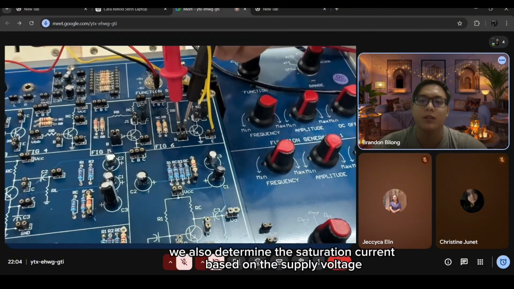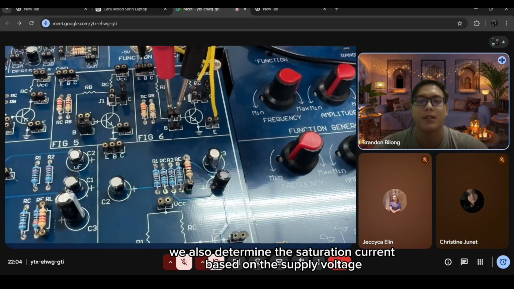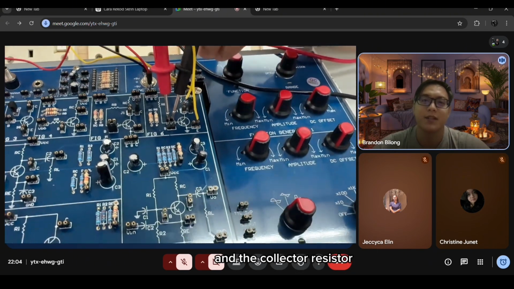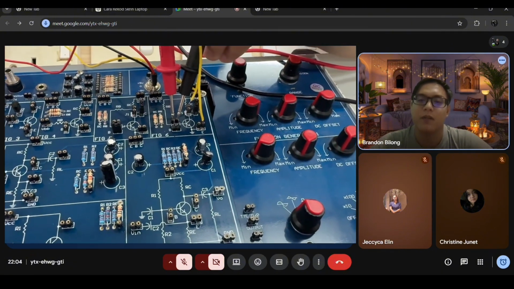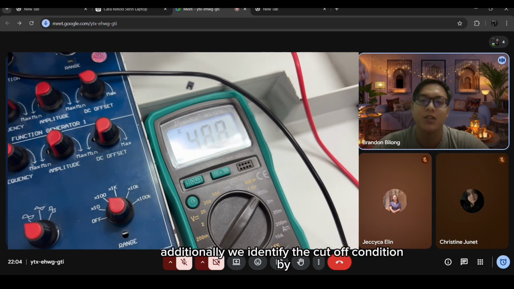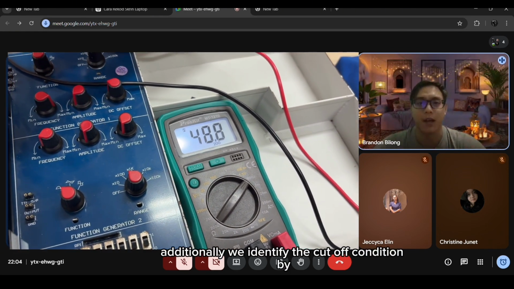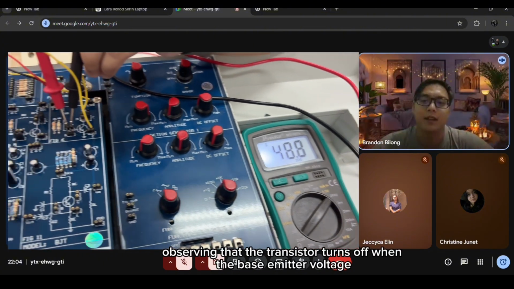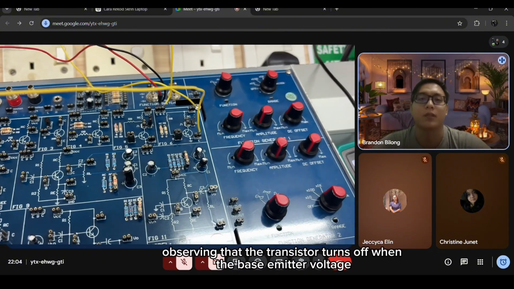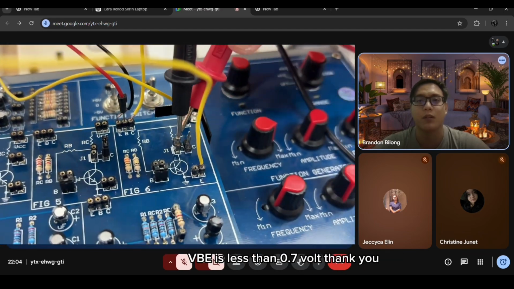We also determined the saturation current based on the supply voltage and the collector resistor value. Additionally, we identified the cutoff condition by observing that the transistor turns off when the base-emitter voltage VBE is less than 0.7 volt. Thank you.